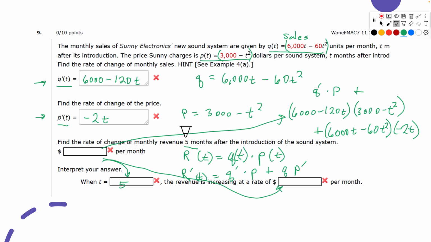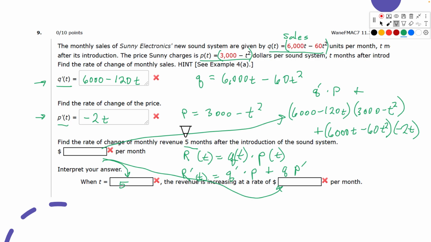So again, always remember, when we've got a derivative, we're getting a rate of change. We don't have how much the revenue is. If we want how much the revenue is, we use the revenue function, which is just p times q. Okay. How's that? We kind of okay? So again, just do some practice with it.